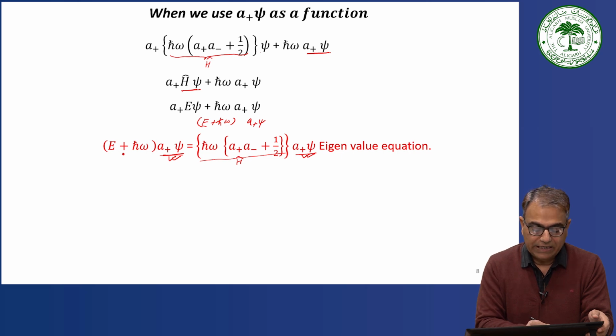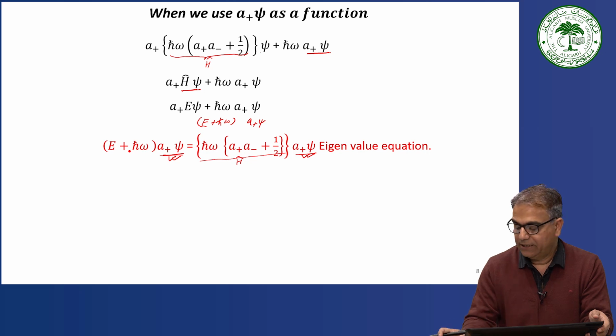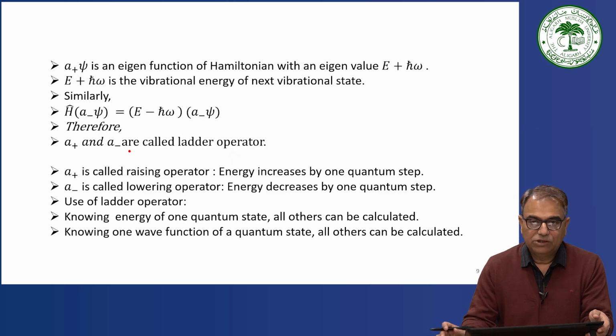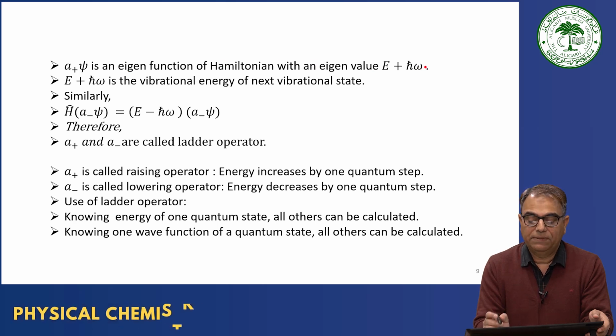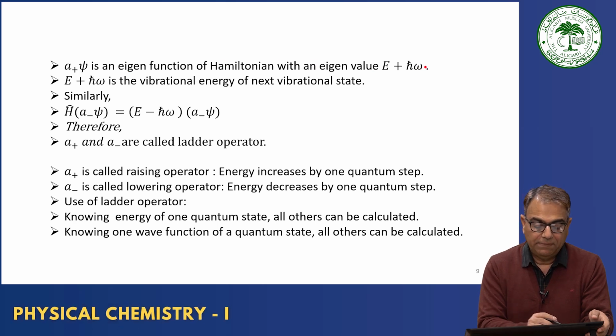So the next higher energy level you get is E plus h cross omega. So what did we get? A plus psi is an eigenfunction of the Hamiltonian with an eigenvalue of E plus h cross omega, which is the energy of the next vibrational state, because the vibrational states are equispaced and the energy gap is h cross omega.